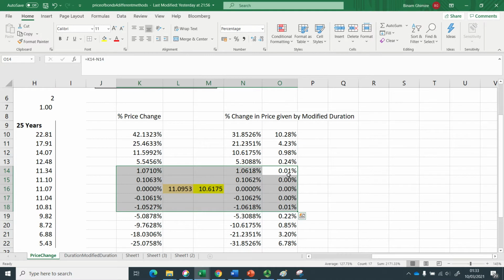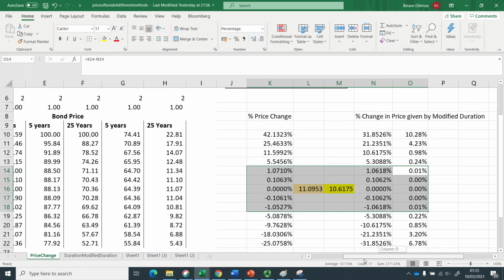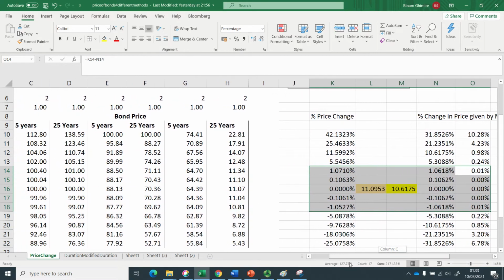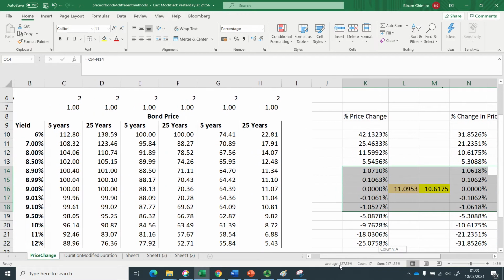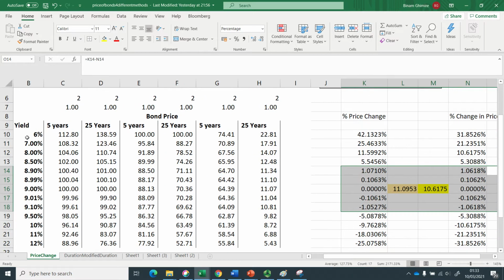When the yield change is small, the percentage price change is identified correctly by modified duration. When I'm talking yield change, I'm referring to these yields here, 6, 7, 8, 9, and so on.